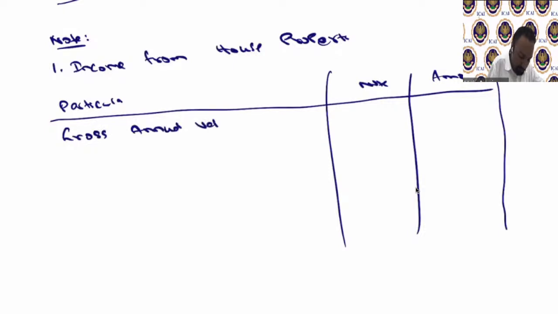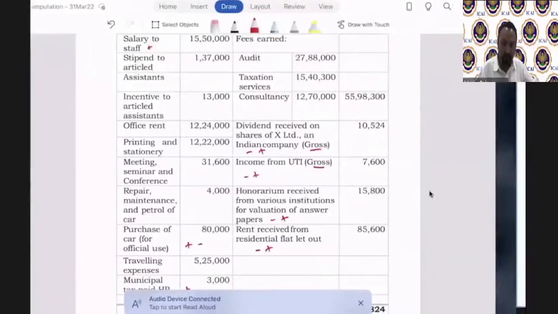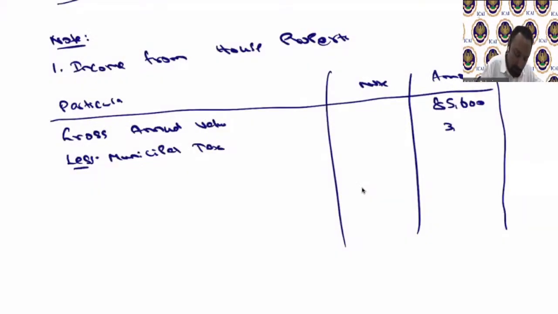Gross annual value is 85,600 less municipal tax that is paid, 3,000. So you take that 3,000. So that is 82,600.